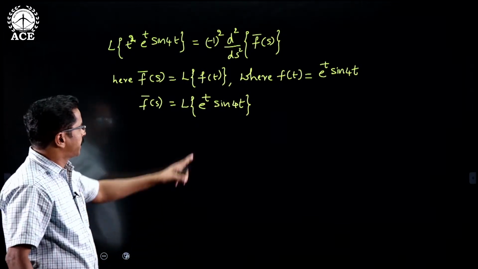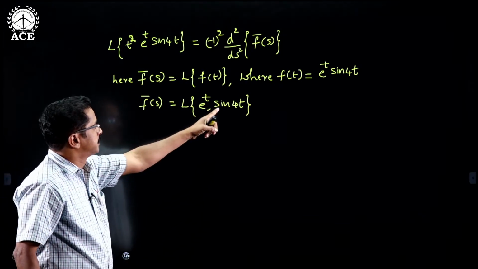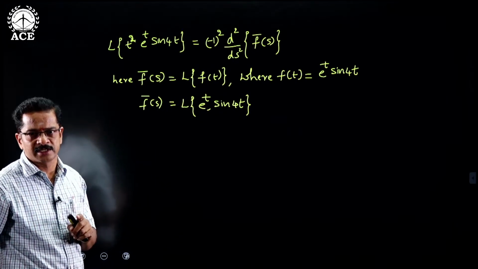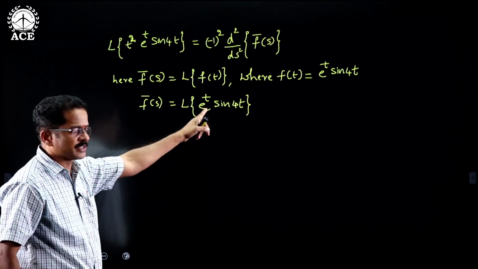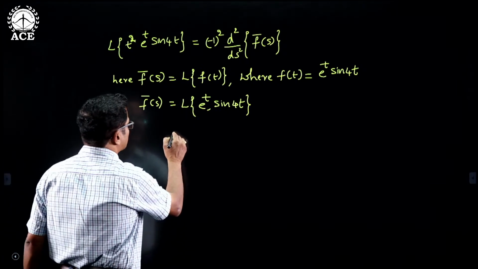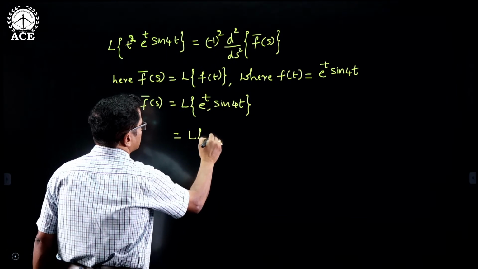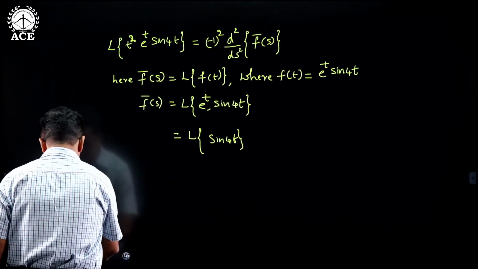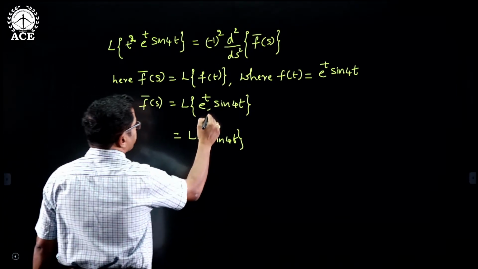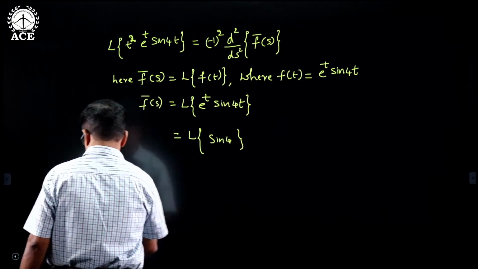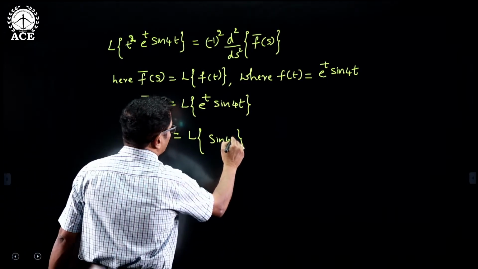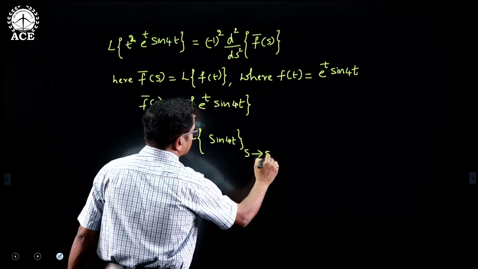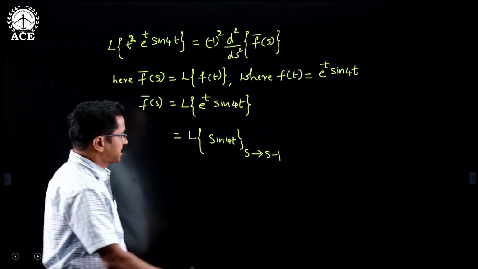Right? So again, this is an elementary function multiplied by exponential function. It is like first shifting case. We have to apply first shifting theorem. So which is equals to L of sine 4t where s shifted to s minus 1 by first shifting theorem.